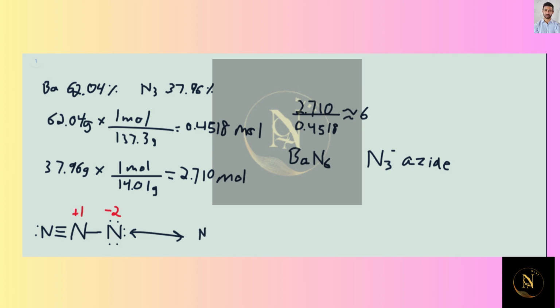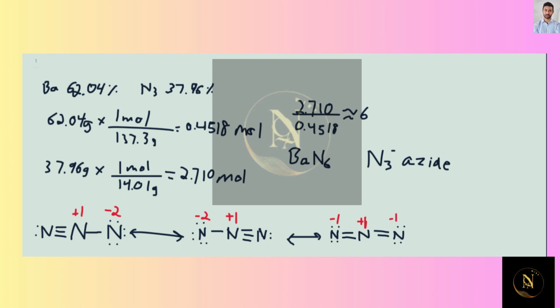It can be like this, so this is -2, this is +1. And it can also be like this, so this is -1, +1, and -2. So -1.